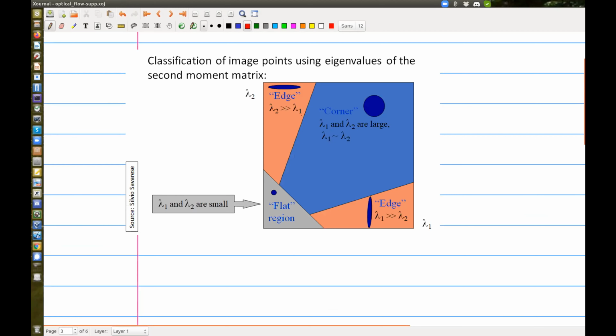If you remember, in the Harris corner detector you have an equation involving the determinant minus lambda times the sum of lambda 1 plus lambda 2, squared, something like that.